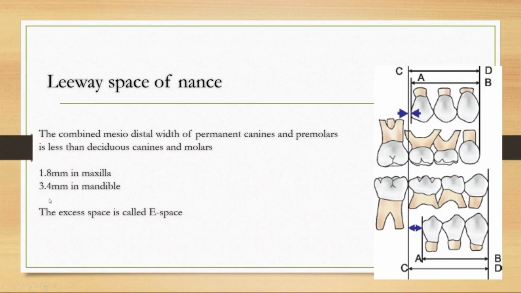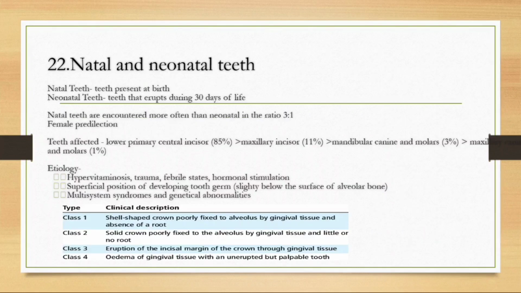That is why it is much larger, 3.4 mm in the mandible, that is 1.7 on one side, whereas it is just 1.8, that is 0.9 on one side, in the maxilla. The difference is not as large as seen in the mandible. This excess space is called E space. This was mentioned by Nance, so it is known as the leeway space of Nance.